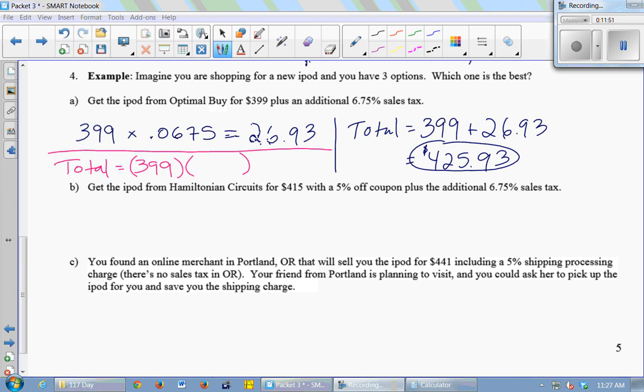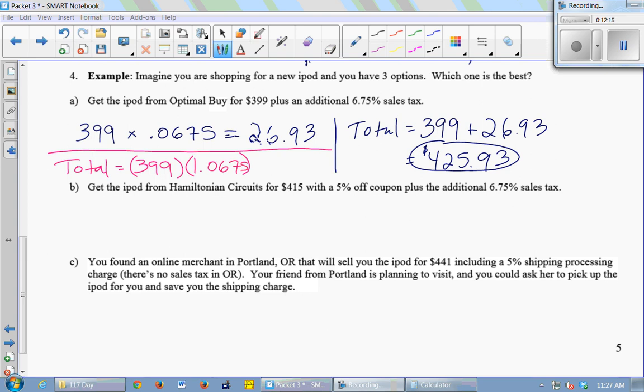1.0675. Where'd the 1 come from? Why am I putting a 1? That's the $399. The 1 represents 100%, right? We have to pay 100% of $399. You have to pay all of that plus 6.75% more.